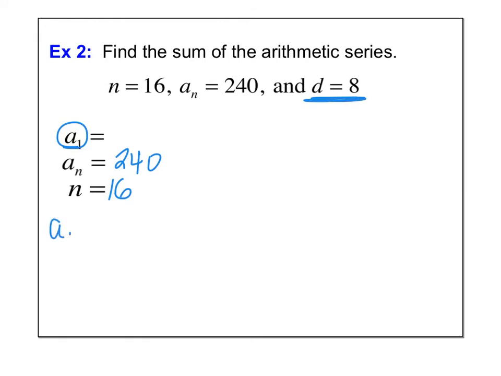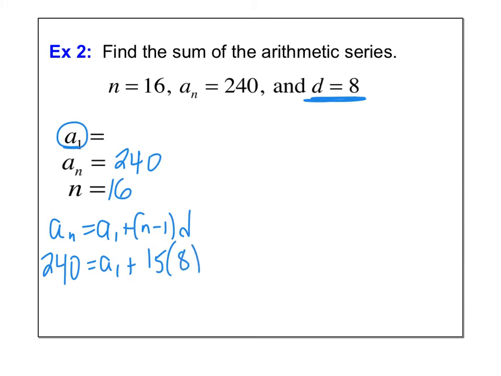So let's go back to our arithmetic sequence equation, and we can substitute values. 240 equals a1, which is what we're after, plus 16 minus 1, which is 15, times 8. Solving this one-step equation, we find that the first term in this sequence is 120.